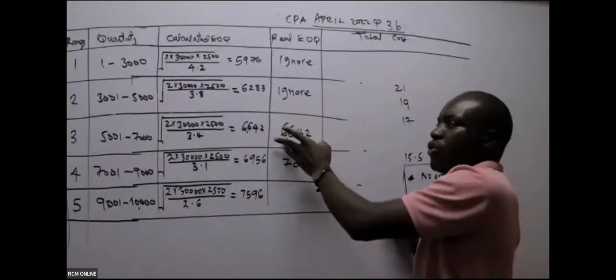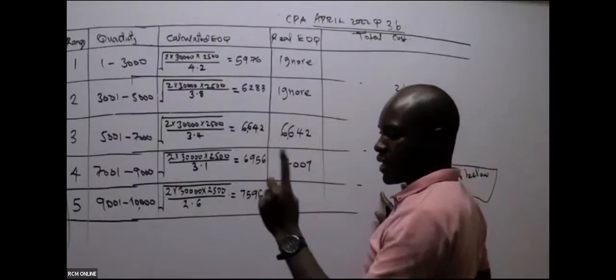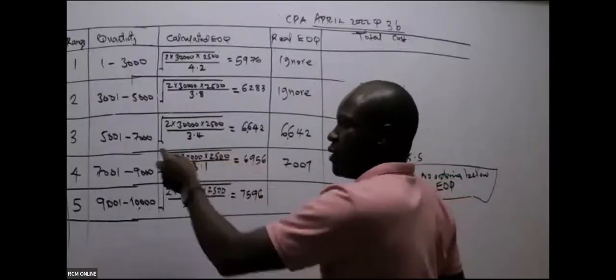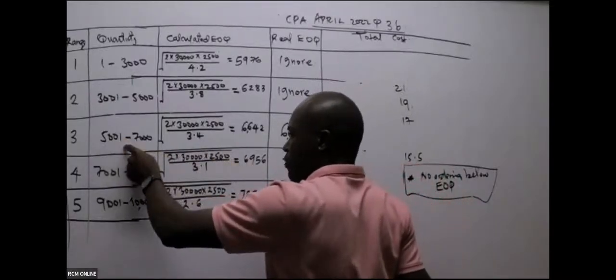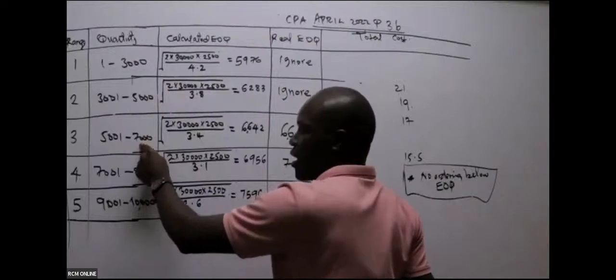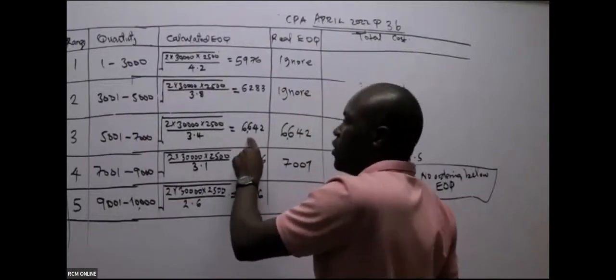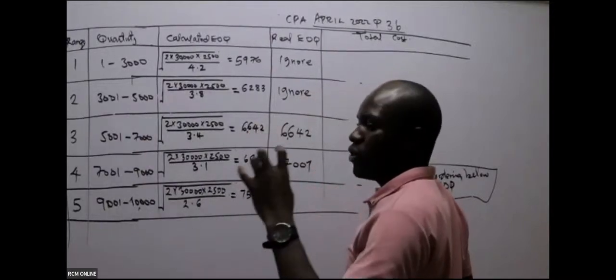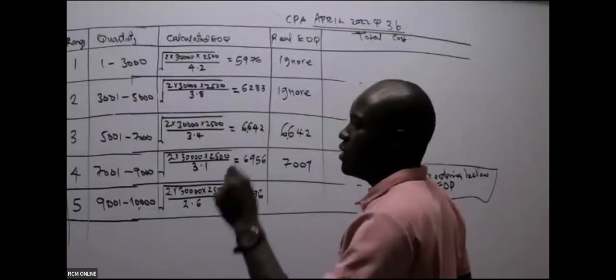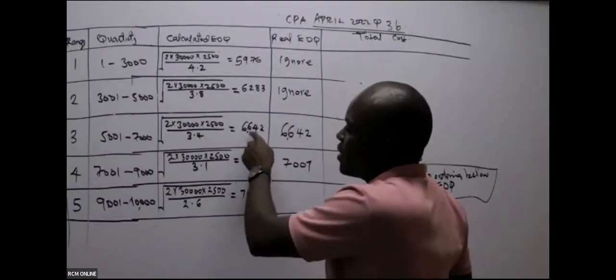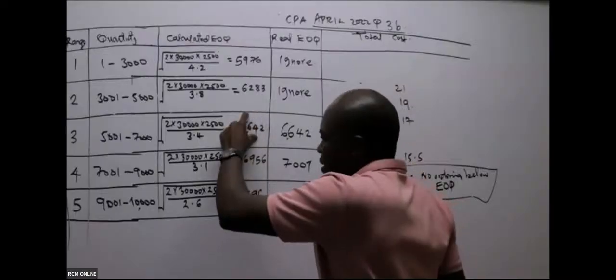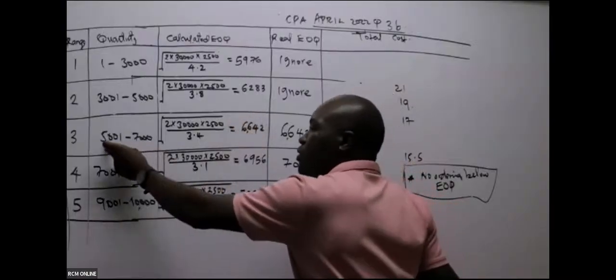When I come to option 3, for you to get the discount, you must purchase goods between 5,001 to 7,000. Our economic order quantity, which will help us to minimize the total cost of managing these goods, is 6642. If I look at 6642, it is falling within this range.